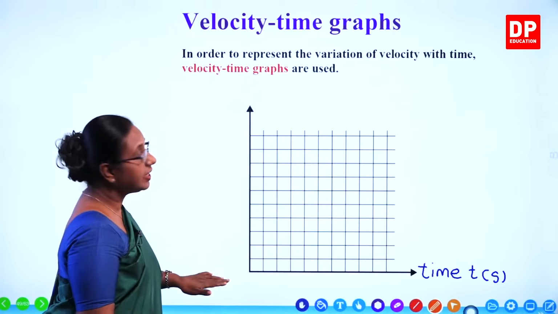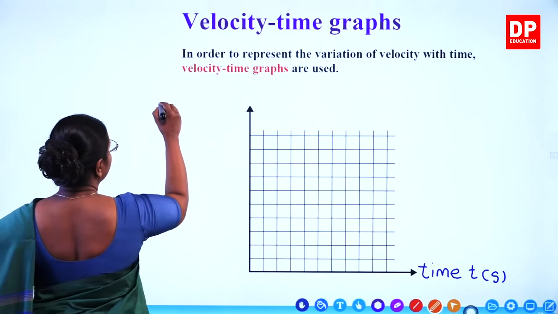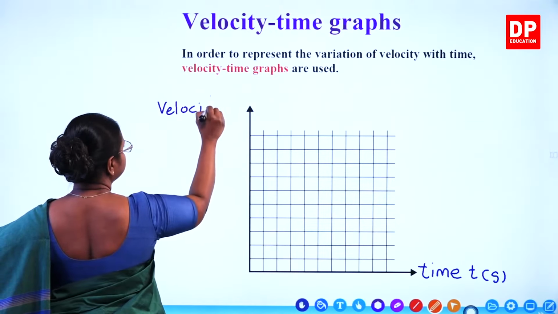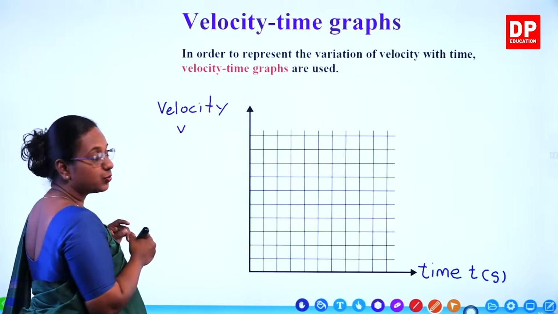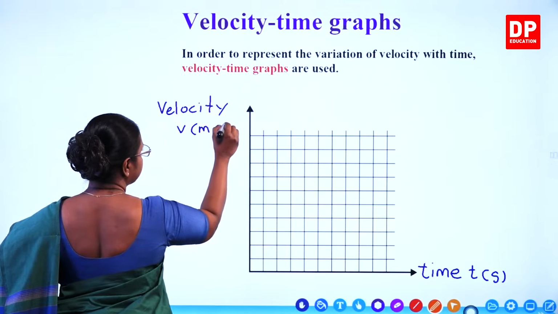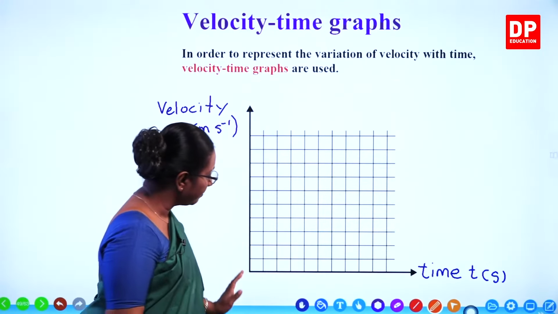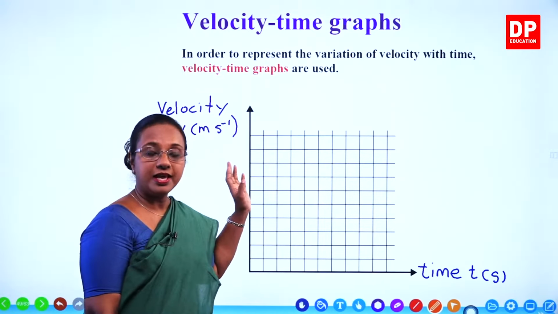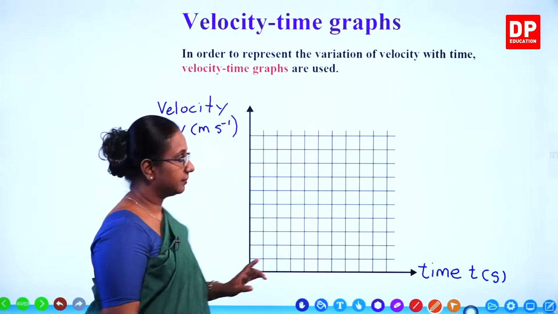And on the y-axis, we have velocity. So you will have to name the axis velocity, and the symbol will be written as v and the unit will be meter per second. Then we will calibrate the axis depending on the data given to us, and we will draw the graph.